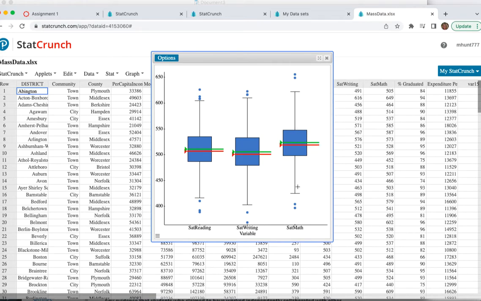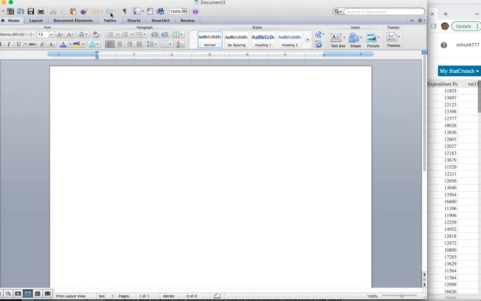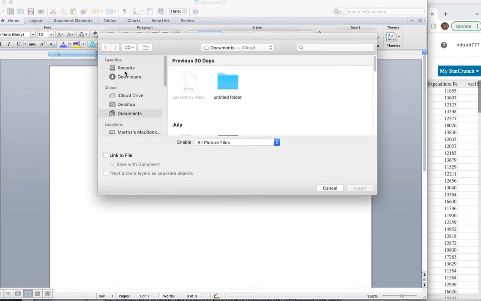Okay? So if we wanted to put that in a document, we could get a screen capture. However you do that on your computer, you could get a screen capture, and then you could open a blank document, and then insert a picture from a file on my computer, and hopefully I can find it pretty quickly.